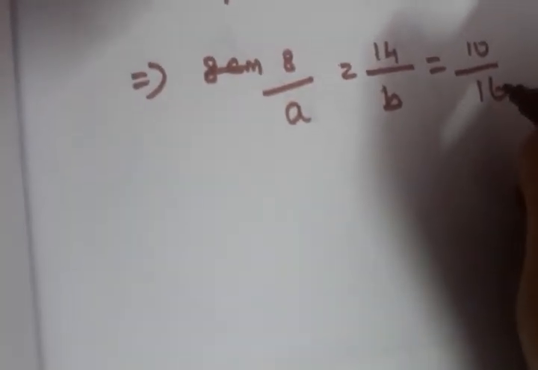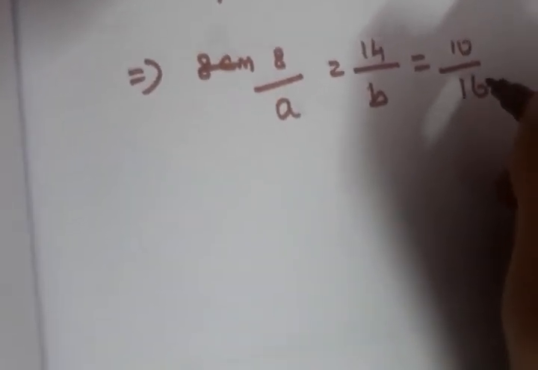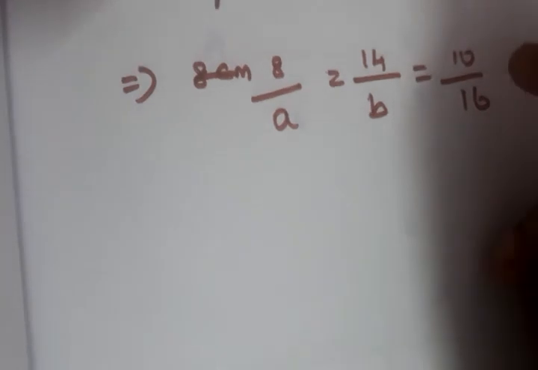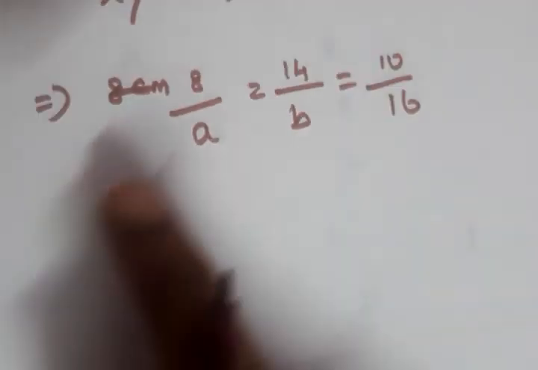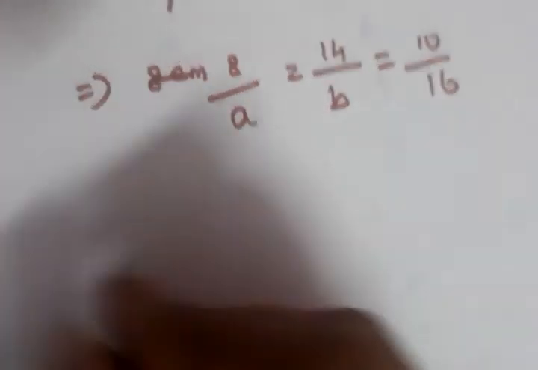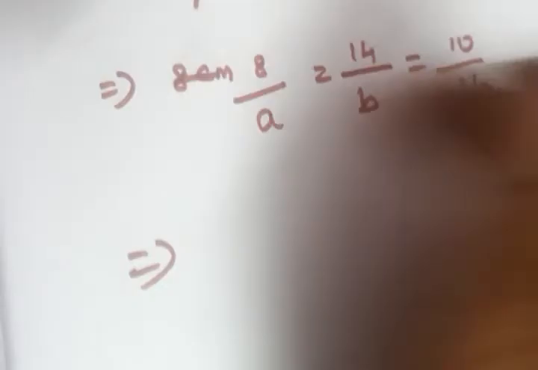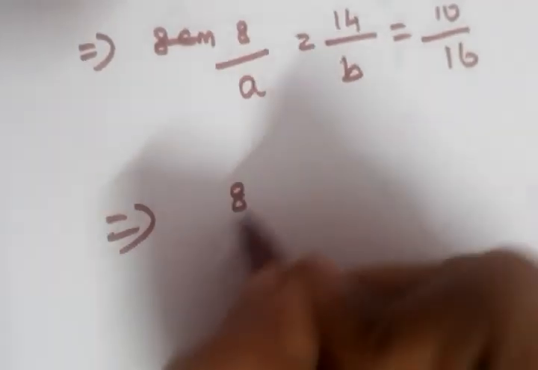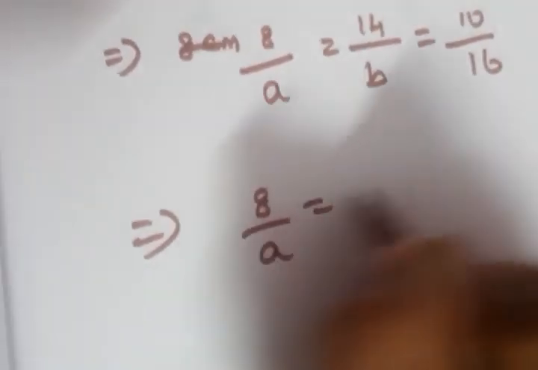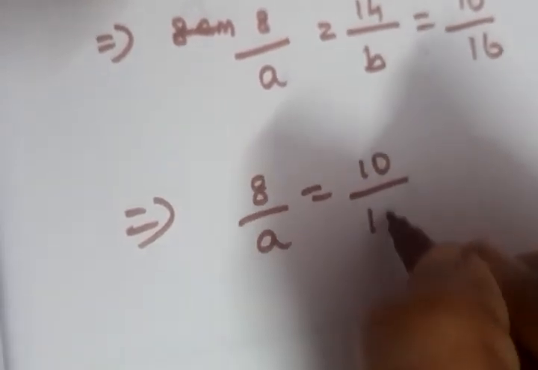First find the value of A. Take the first and last ratio: 8 by A equal to 10 by 16.